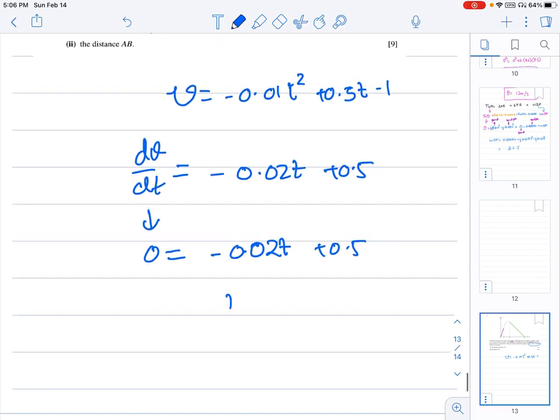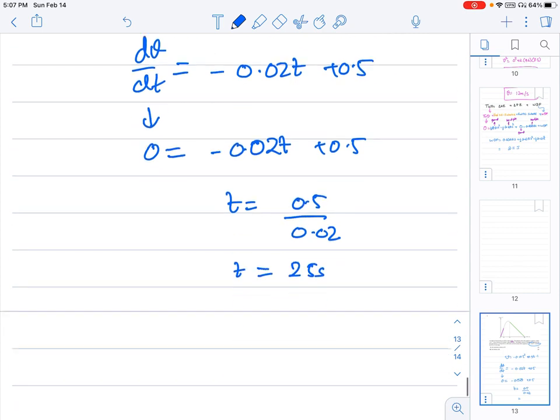From there I get the value of t as 0.5 divided by 0.02, which is 25. Is it 25? Yes, 25. So this is a time, 0.5 divided by 0.02 gives me 25 seconds, but the velocity is asked.